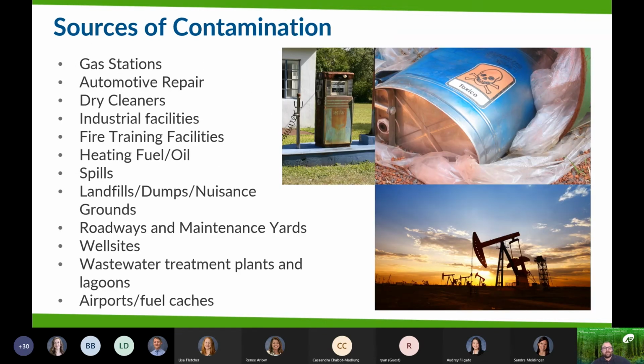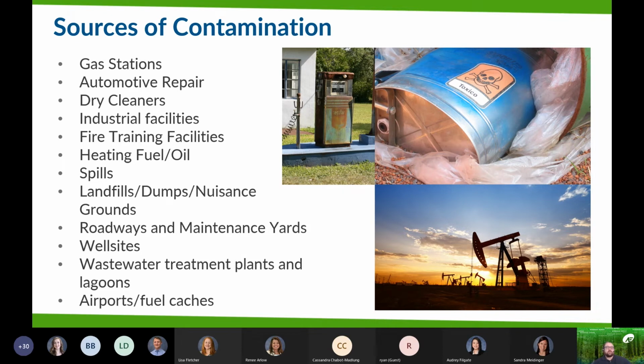Sources of contamination can be gas stations, automotive repair, dry cleaners, industrial facilities. So that's a wide range of items, but pretty much any type of production or industrial site is a potential source. Fire training facilities, heating oil and fuel, spills of many sorts of chemicals, landfills, dumps or nuisance grounds, roadways and maintenance yards, well sites, wastewater treatment plants and lagoons, airports and fuel caches.